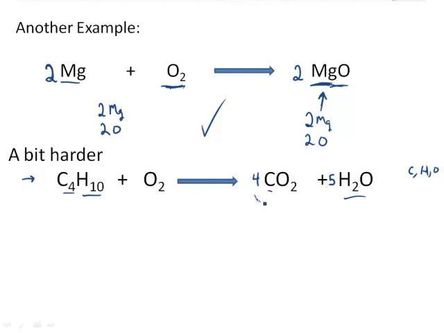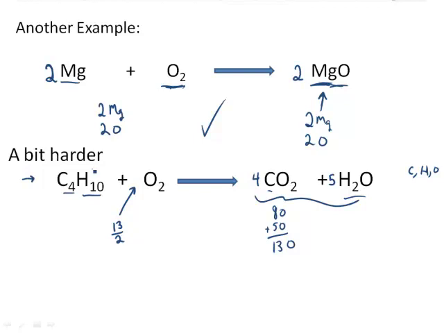We have a total here of 8 oxygens from the CO2s, plus 5 oxygens from the H2Os, so that's a total of 13 oxygens. The problem is we can't get 13 oxygens there. To get 13 oxygens there, you would need 13 halves O2. That is, you would need 6.5 O2s to get 13 oxygen atoms.